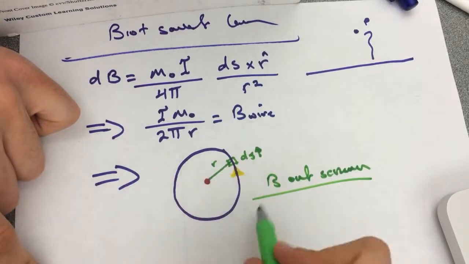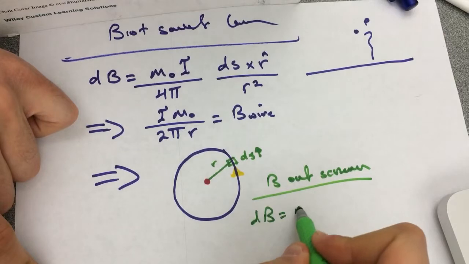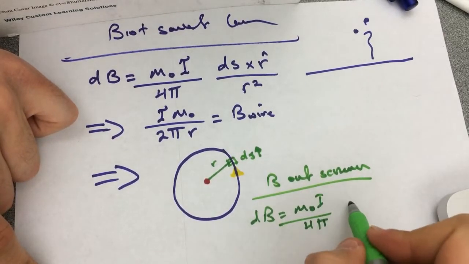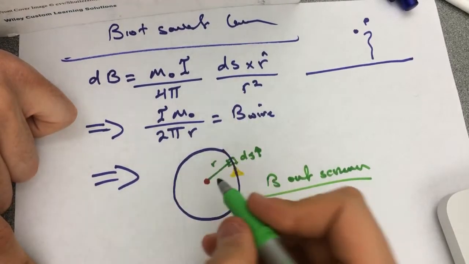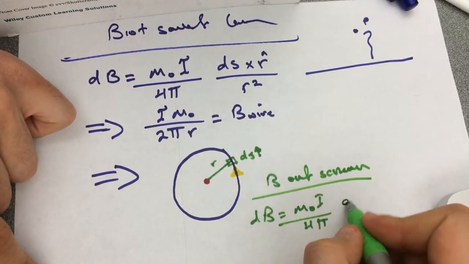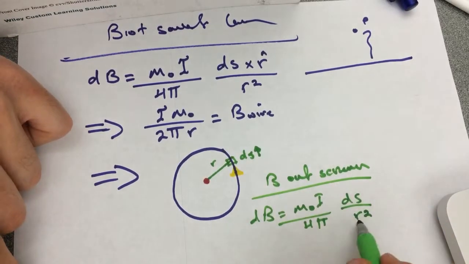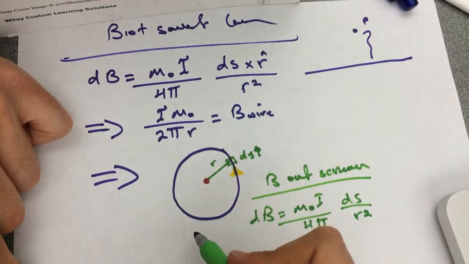Alright, so let's use the Biot-Savart law. So dB will be equal to mu naught divided by 4 pi, and then ds crossed with r is going to be perpendicular, so it's going out of the screen, so it's ds over r squared. Okay, you can see here that the r is not changing as we go around the loop, right?